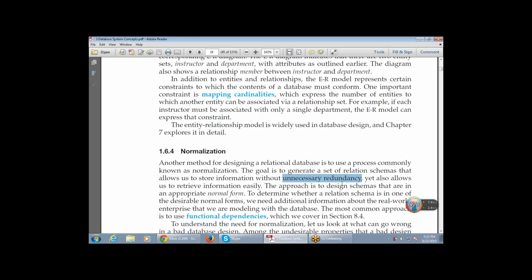If there is no duplication and no redundancy, there is an easy chance to retrieve or update the information. The approach is to design schemas that are in an appropriate normal form. The most common approach is functional dependencies.